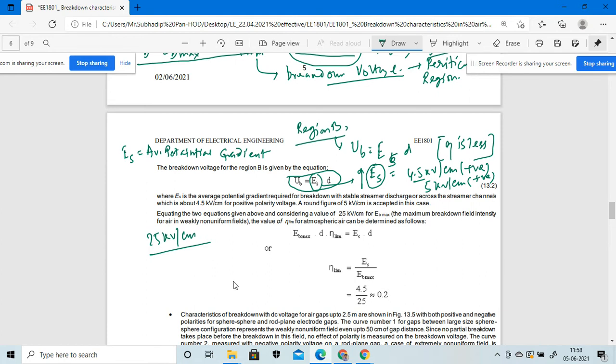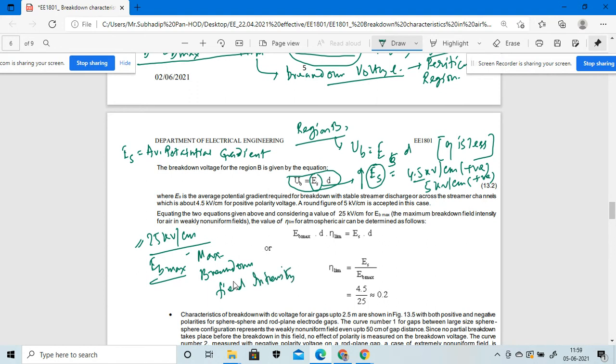In this case, if we consider this particular value of E_s, what will be my E_b max? E_b max is nothing but my maximum breakdown field intensity.